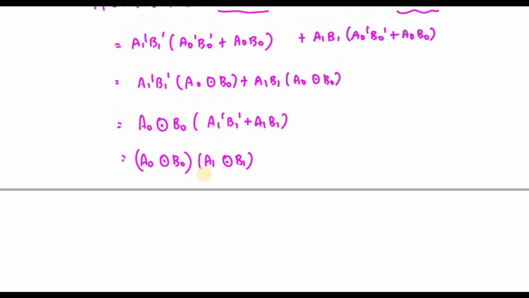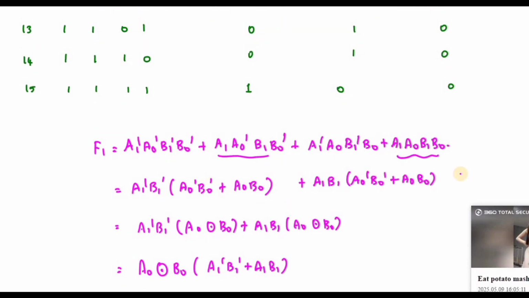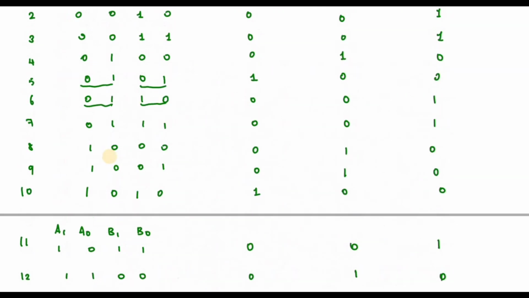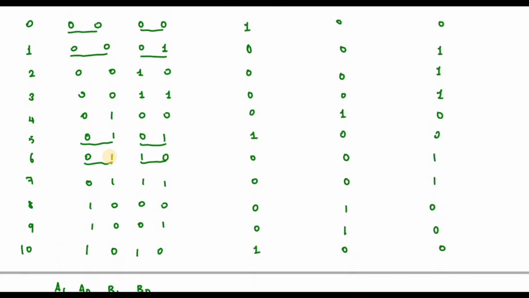Okay. In a similar way, I can write this for F2. So F2 is equal to summation M, for what values it is 1.